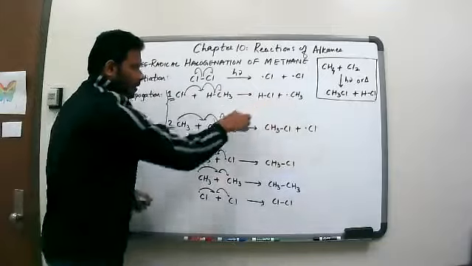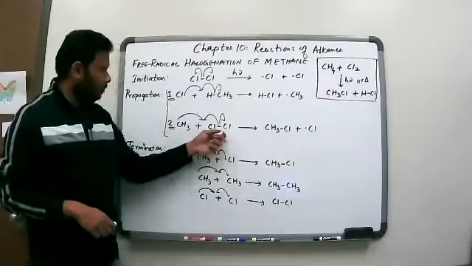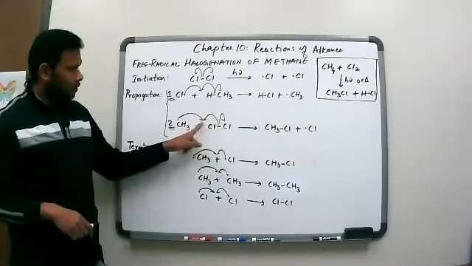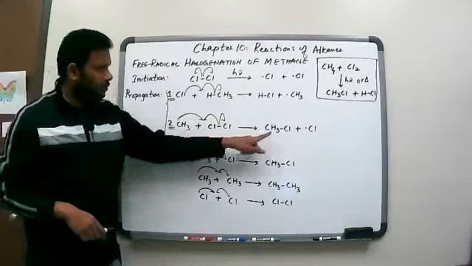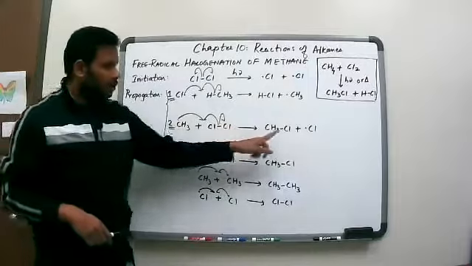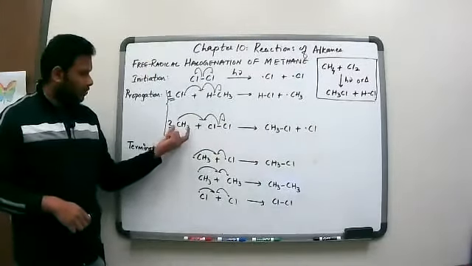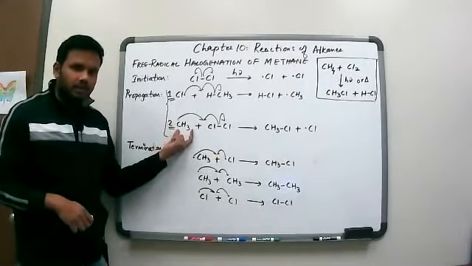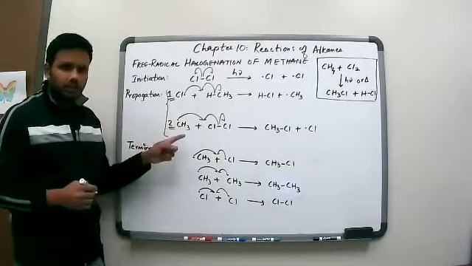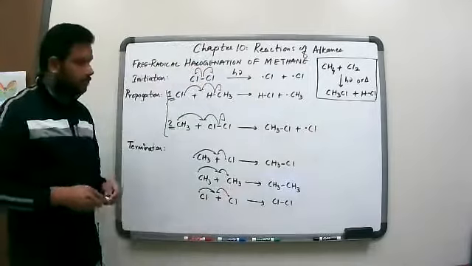So we make a methyl radical. Then the methyl radical reacts with another molecule of chlorine, bringing an electron. The chlorine breaks homolytically. One chlorine goes with the methyl radical to give us methyl chloride, CH3Cl, and we make a chlorine radical again. Notice how in this step, again, we have a radical on the reactant side plus a radical on the product side.